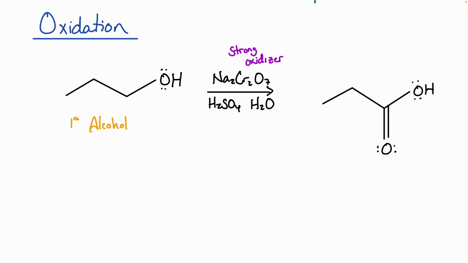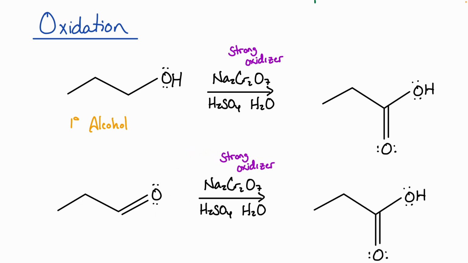So by that same logic, if instead of starting with a primary alcohol, we just started with an aldehyde, so we had a carbon-oxygen double bond, well, now we're just halfway there. So we could treat that with our same strong oxidizing agent and get that same carboxylic acid product.